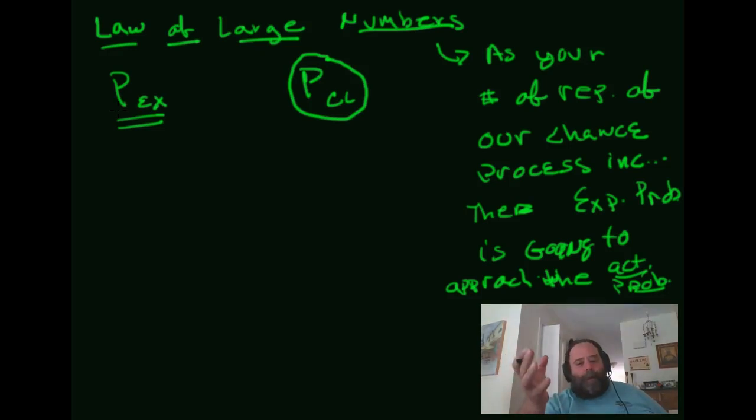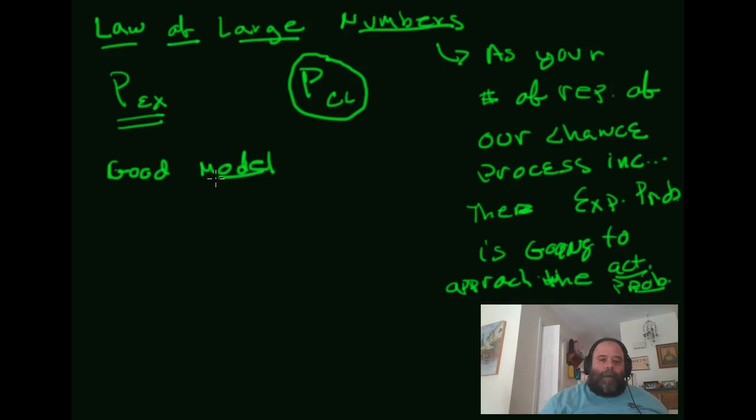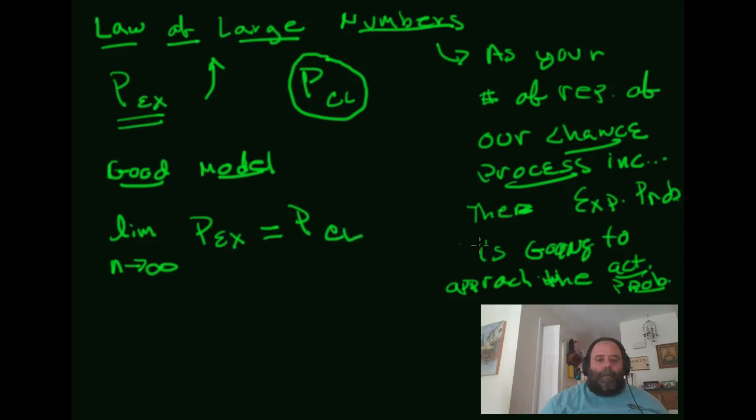If I have a good model, that model should give me the actual probability. So the law of large numbers says that the limit, as the number of trials approaches infinity, of the experimental probability should approach the classical probability.